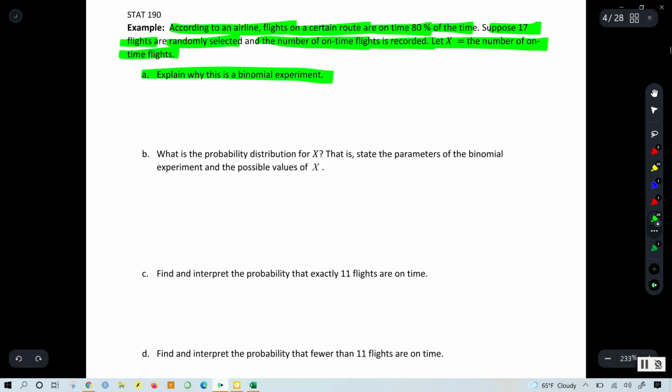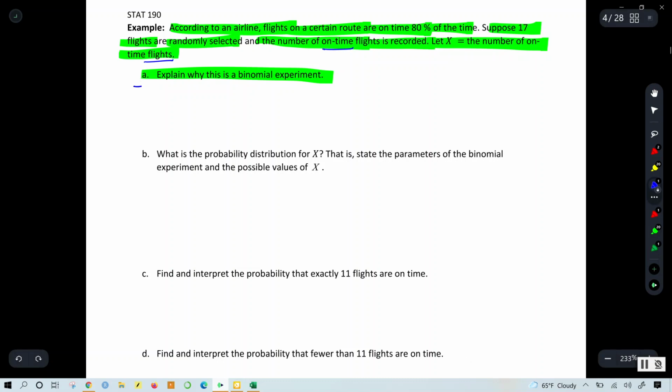We would like to explain why this is a binomial experiment. To answer this question, we ask, what is the trial here? The trial is each flight. And does each trial lead to two possible outcomes? Yes, the flight is either on time or not on time.